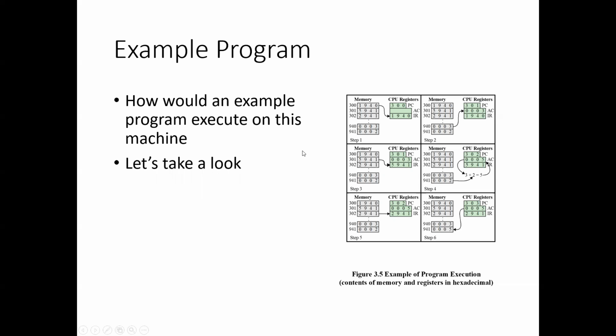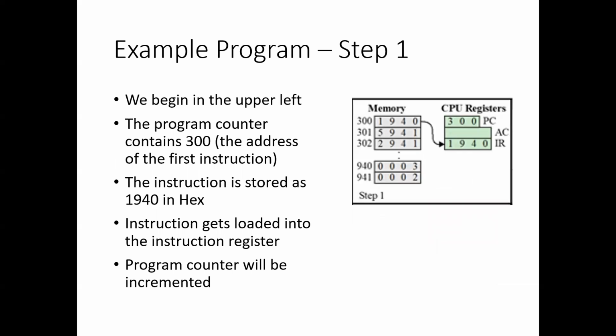So let's start at the beginning, step 1. And we begin in the upper left. The program counter contains 300, which is the address in memory. The instruction is stored as 1940 in hex. The instruction gets loaded into the instruction register, and we increment the program counter. So that 1940 goes into the instruction register.